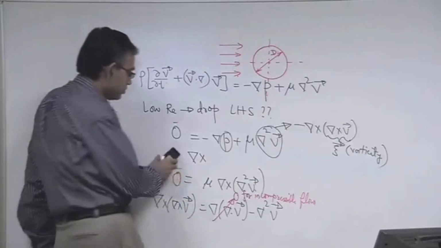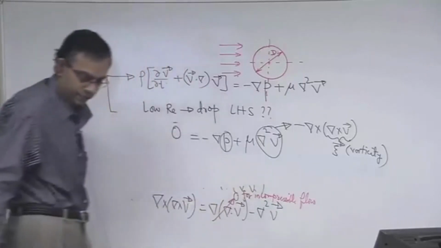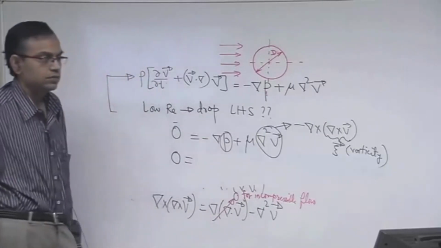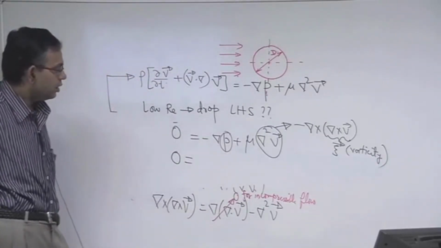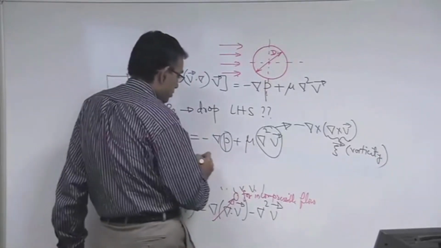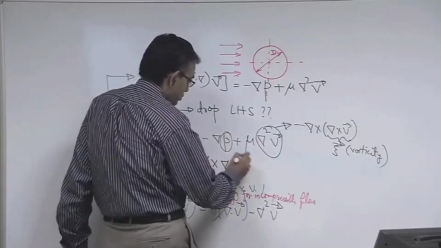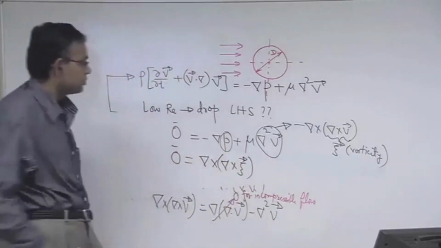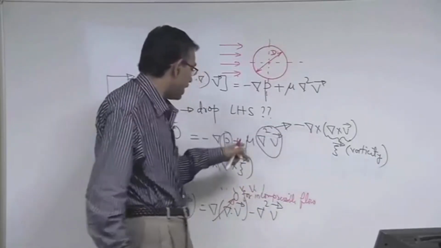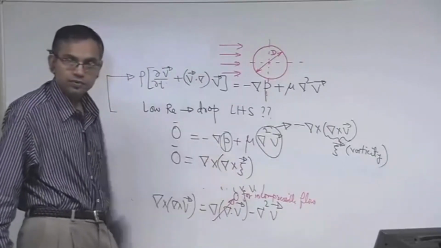So, we can write this is curl of vorticity, and we have additionally taken a curl to make this term 0. So, that is why curl of this.